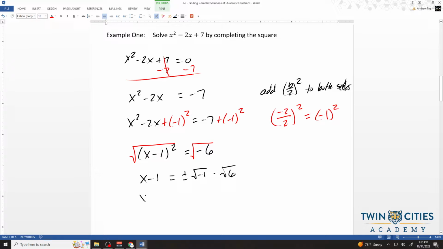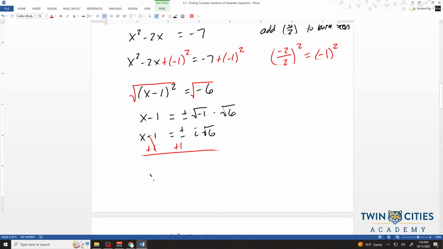Because I know that x minus 1 equals plus or minus, this is i, and then I'll have square root of 6. Now, to solve for x, add 1 to both sides. My final answer is going to be x equals 1 plus or minus i square root of 6.